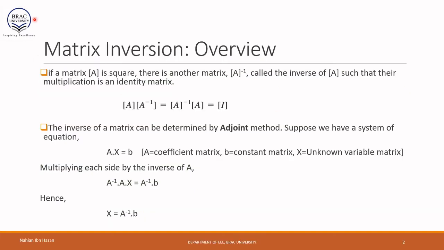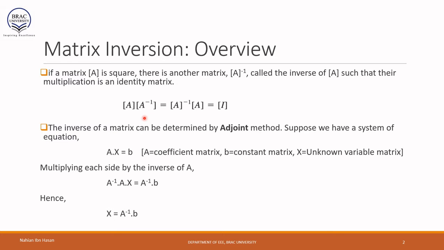So suppose we are given a matrix which is denoted as A. A is a square matrix. Before going into the details of matrix inversion, you have to remember that matrix inversion is possible only for a square matrix. If the matrix is not square, you cannot invert it.